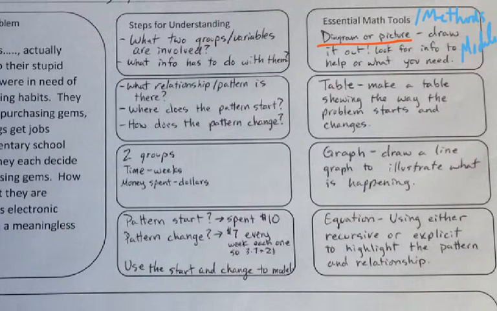The last tool we're talking about, so diagrams, table, graph, and finally an equation. An equation helps us model what's going on that we can then use for other purposes. And this year we're going to talk about two different types, recursive and explicit. They're two different types of equations.